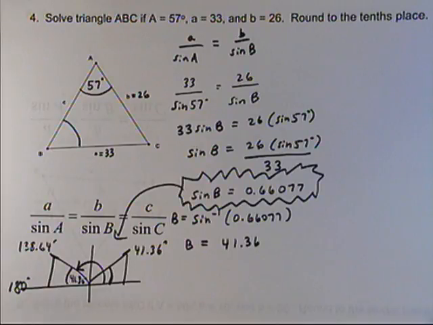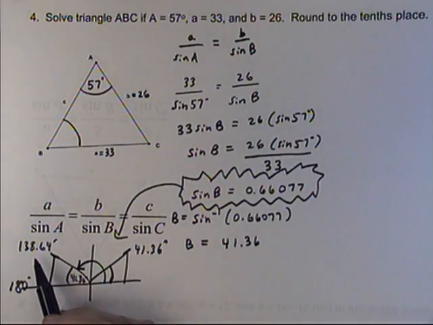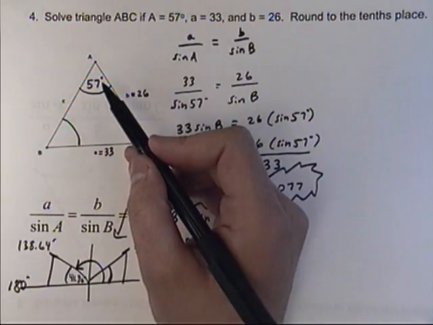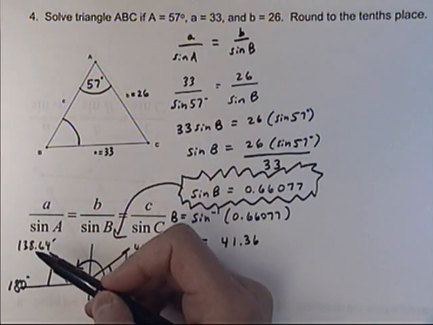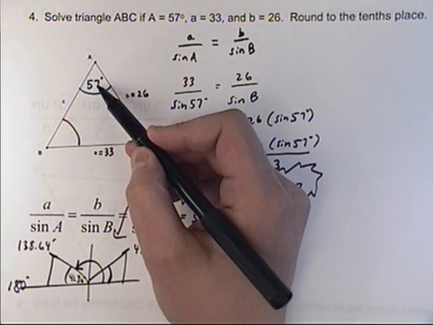So I'm going to now assume that if that is the case, if this is an option for angle B, well, and this is angle A, is that possible? Can angle B be 138.64 degrees if angle A is 57?